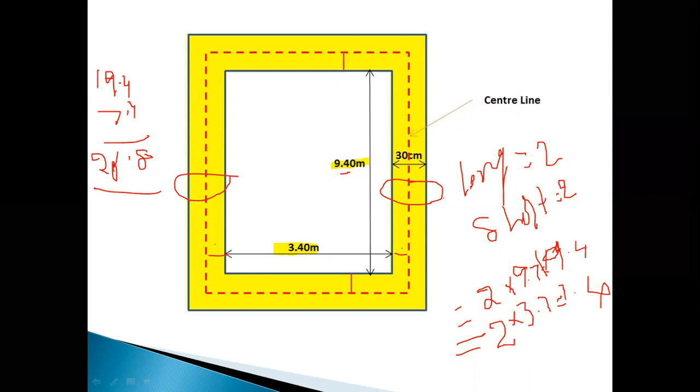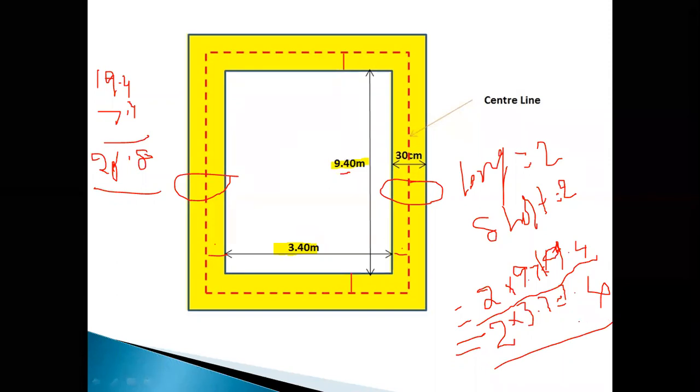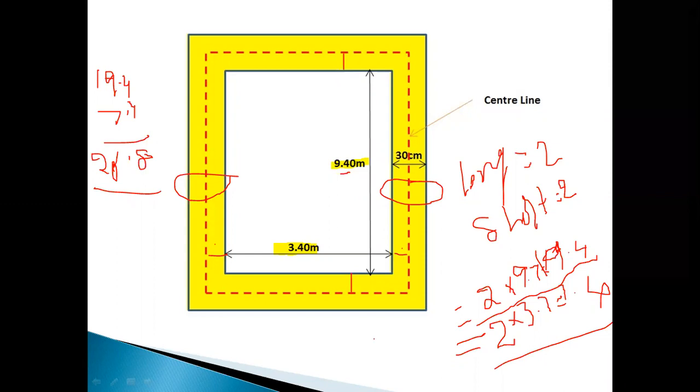In tabular form, we calculate only the differences. The long wall is a separate quantity calculation. We find the separate quantities in excavation, cement concrete and brickwork, and also plinth brickwork and superstructure brickwork, etc. So long wall is a separate quantity and short wall is a separate quantity.